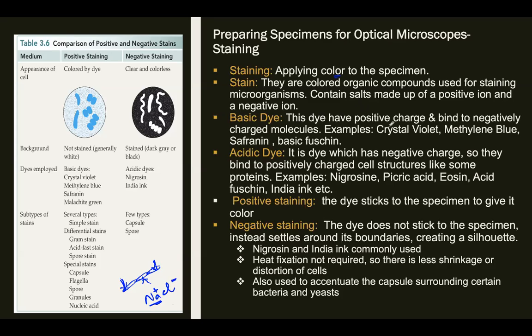Basic dyes have a positive charge. In this dye, the number of positive ions is more than the number of negative ions. Let's say over here we have 5 sodium but only 1 chlorine ion. So that dye makes the specimen positively charged in this case. We know that opposite ionic charges attract each other, right?